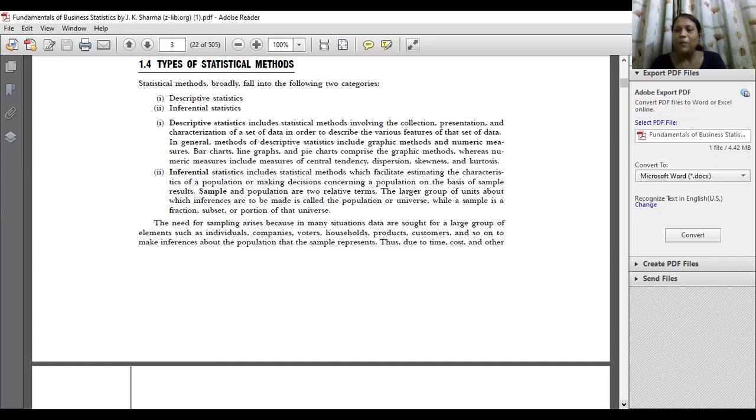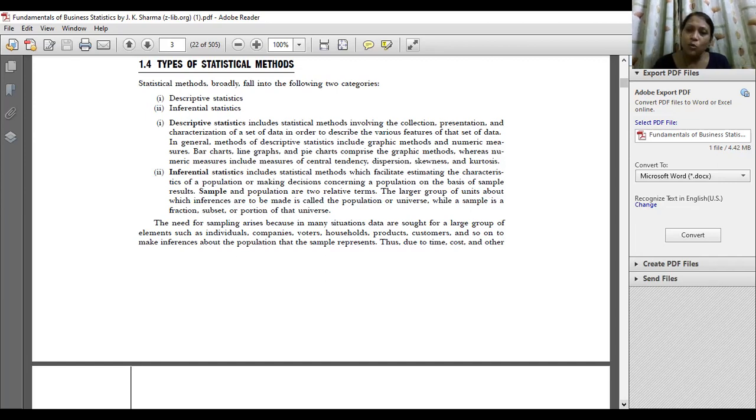So this is a sample, actually the integral part of the population. So by checking that small part, we can analyze what the quality of the rice in the sack is. Similarly, by checking the sample quality or sample quantity, or analyzing the sample, we can conclude the features or characteristic parameters of the total population.